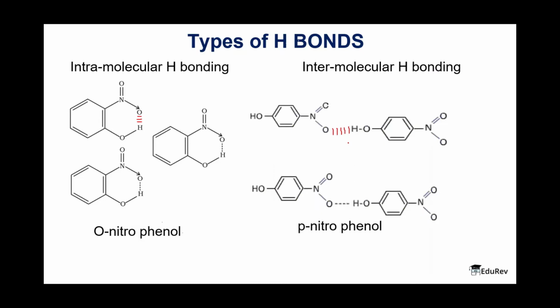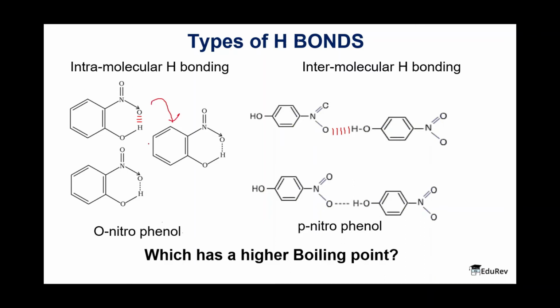Before concluding this topic, I just have one question. Which do you think has a higher boiling point, the one which is intramolecular or the one which is intermolecular? You can pause this video and think about the answer. The answer is that, if you look at it carefully, in the case of intramolecular hydrogen bonding, there is hydrogen bonding within the molecule, so there is no force of attraction binding the molecules together.